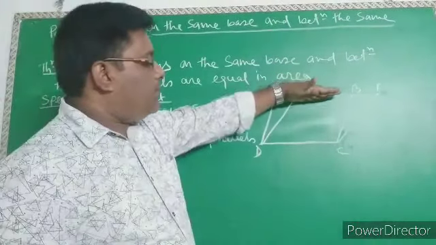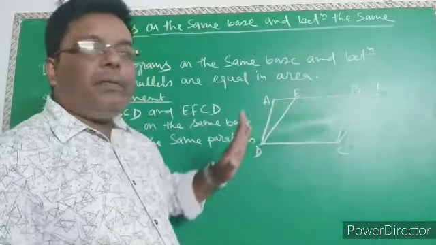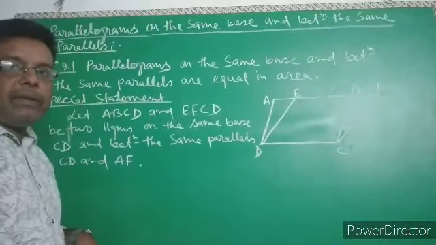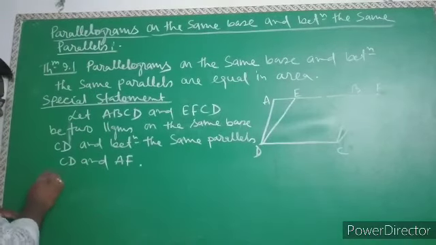That is, AF and CD are two parallel lines, and both the parallelograms lie between these two parallel lines.